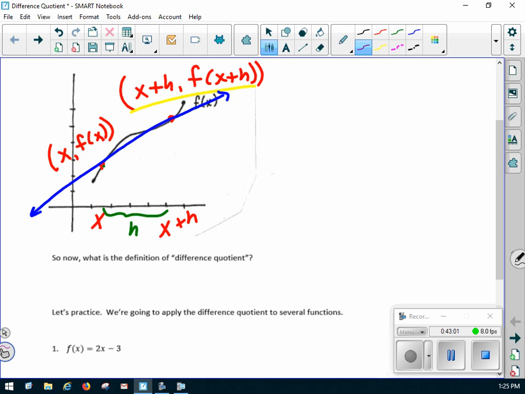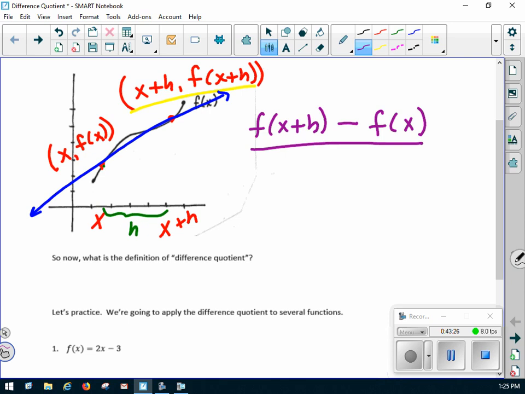y2 minus y1. Start with this point here. What's the y value? F of x plus h minus the other y value over x plus h. y2 minus y1 over x2 minus x1.